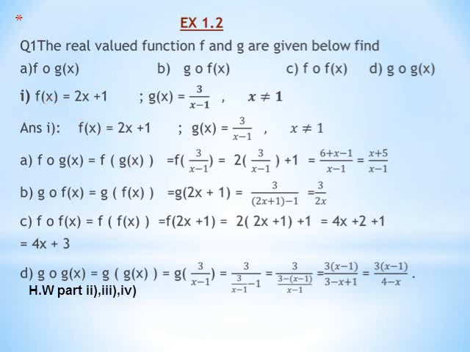Function f of x is equal to 2x plus 1 is given, and the second function g of x is 3 upon x minus 1, and the condition x is not equal to 1 is also given. Why? Because you know from previous lectures that if we put x equal to 1 here, 1 minus 1 is 0 and 3 upon 0 is undefined.